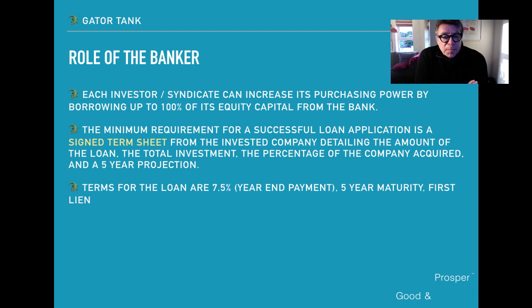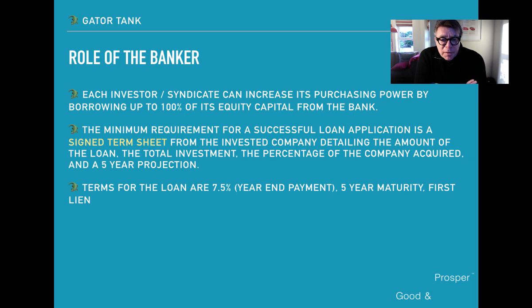So the minimum requirement for a successful loan application on the part of the investors is that they bring a signed term sheet from themselves and the company detailing the amount of the loan, the total investment, and the percentage of the company acquired, along with a 5-year projected cash flow statement, which the company will have provided them with.